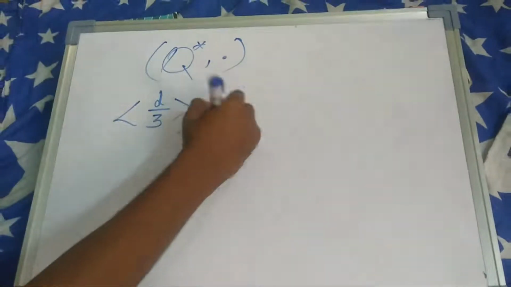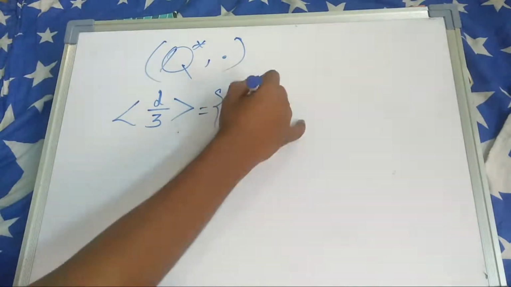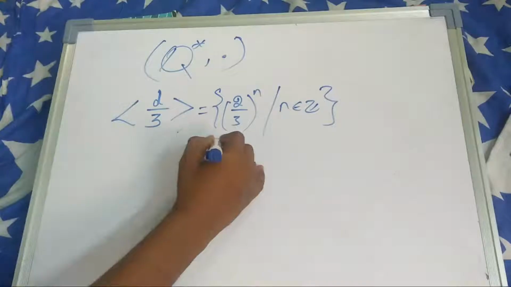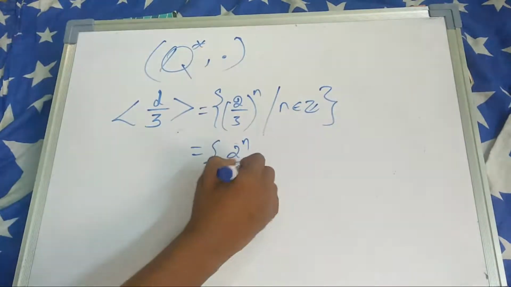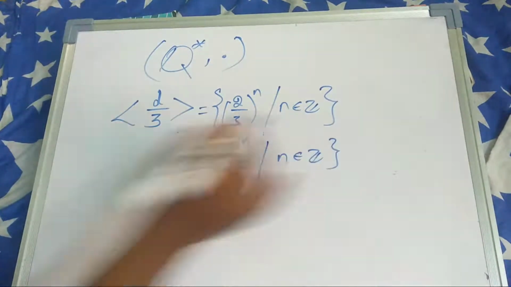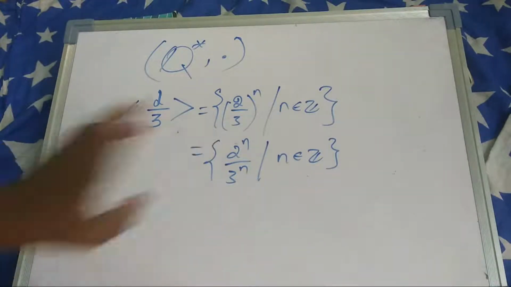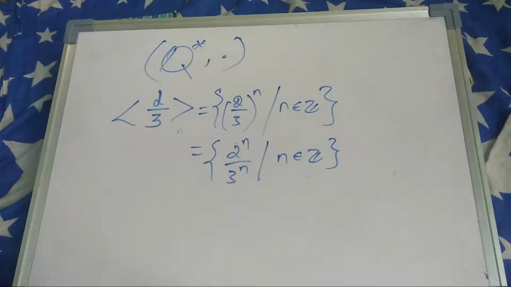So this is nothing but (2/3)^n, where n belongs to Z. This is nothing but 2^n/3^n, where n belongs to Z. Simple. As simple as that, where 2^n refers to the usual power, that is, multiplying 2 n times. Whenever there is a negative number in the exponent, we take the inverse of 2 and multiply with it. So this is nothing but 2^n/3^n.